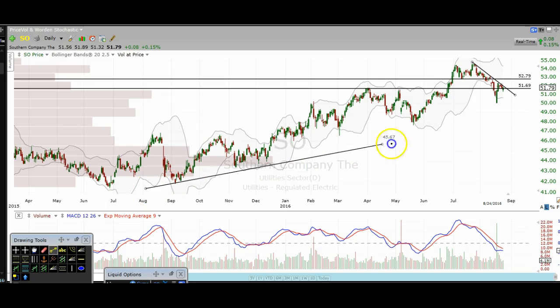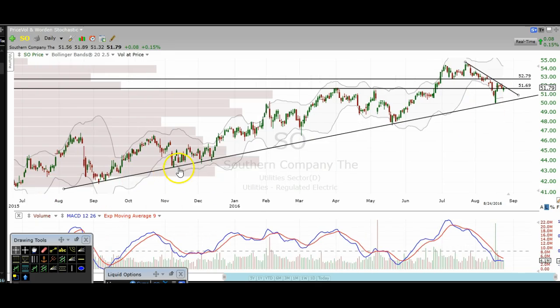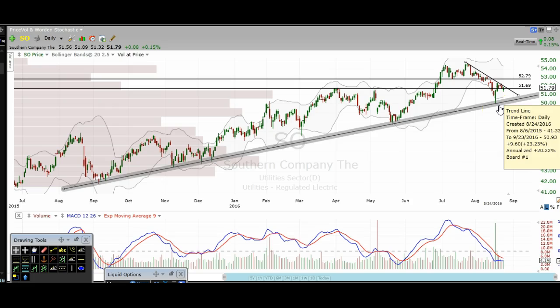Another thing that I'm seeing here is this uptrend line right here. This is a really nice uptrend line. You can see why we bounced from here because of that uptrend line. Here's a few touches. I'll zoom in a little bit. Touches, touches, touches, touches right here, and then here's our most recent touch.